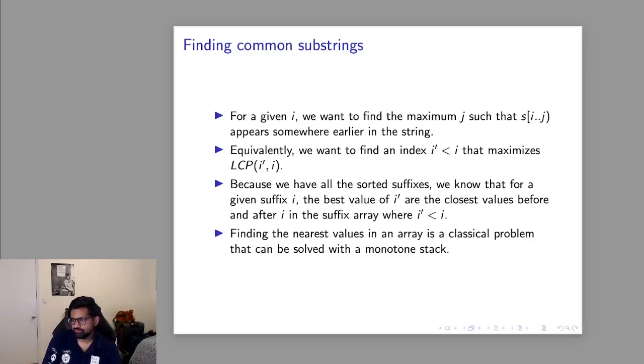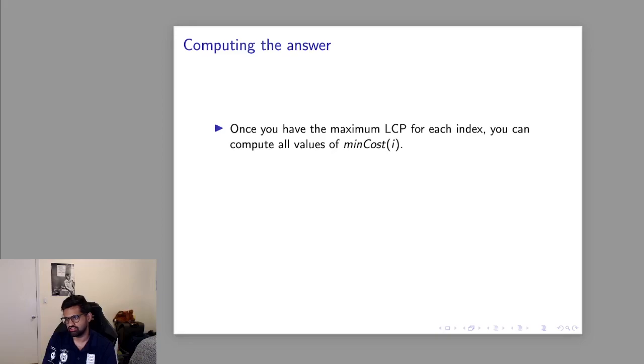Okay, so there are several layers to this problem, right? You have to build this suffix structure, and then you have to find the nearest values in the suffix array. But then once you have all of that, you know the length of the longest substring from each index that appears earlier in the string, and the dynamic programming part is actually quite straightforward.